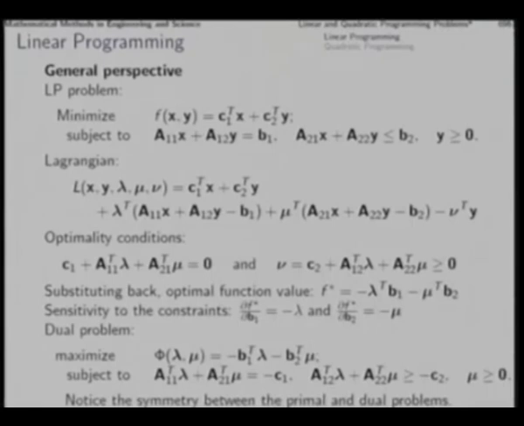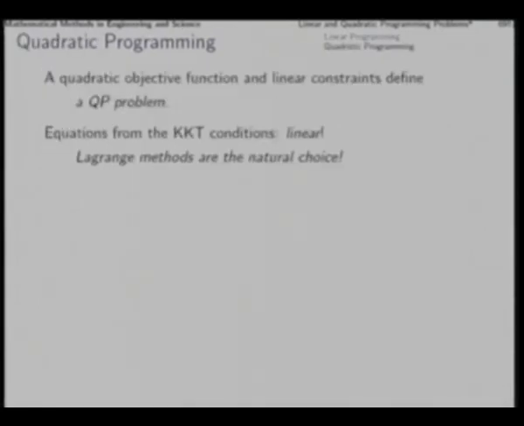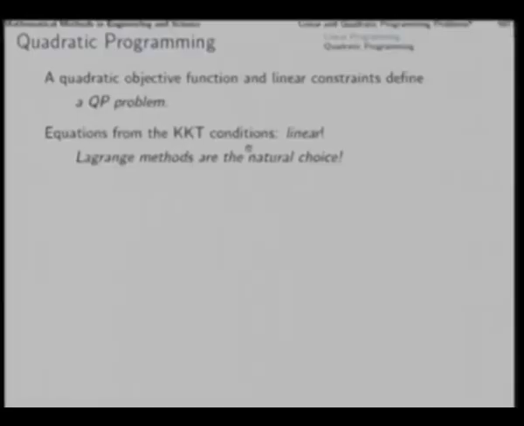Now, what is a quadratic programming problem? A quadratic objective function and linear constraints define what is called a quadratic programming problem. Why is that special? Because if you try to write the KKT conditions, which include the derivatives of the objective function, and if the objective function is quadratic, then its derivatives will be linear functions, okay, and constraints are already linear.